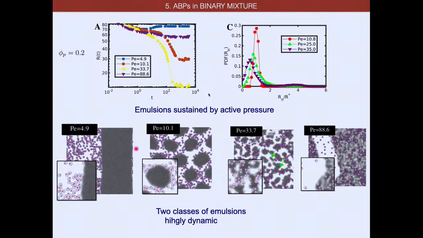At very low activity, the active particles stay in their phase. At intermediate Peclet numbers, there are these domains. At even larger Peclet numbers, there is another state where domains stay there, but they are smaller. And then eventually, when particles have enough activity, they can traverse all interfaces, but then they end up accumulating in the wrong phase.